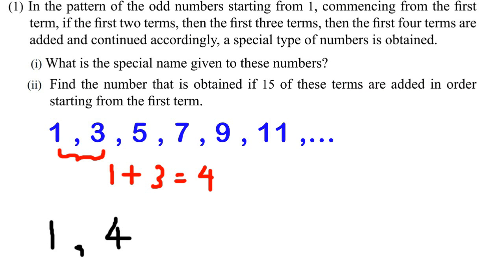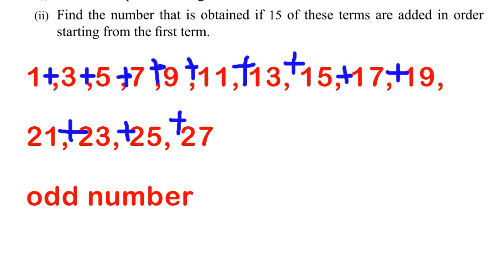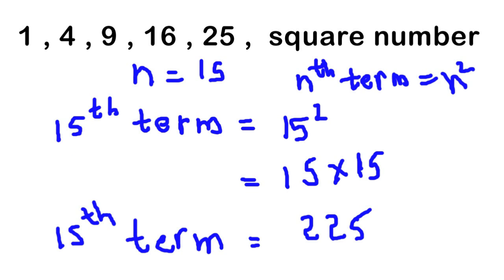Adding the first two terms of the odd number pattern gives the second term of the square number pattern. Similarly, if you want to add the first 15 numbers of the odd number pattern, the easiest method is finding the 15th term of the square number pattern.